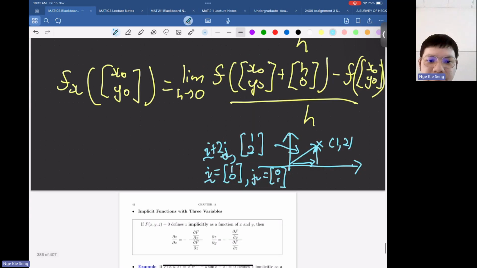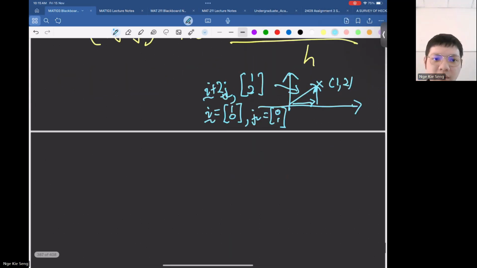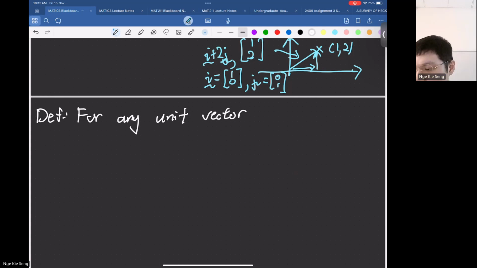So for example, we will define that. Let's define it. So, definition: for any unit vector u, let's say u = (u1, u2), the directional derivative.